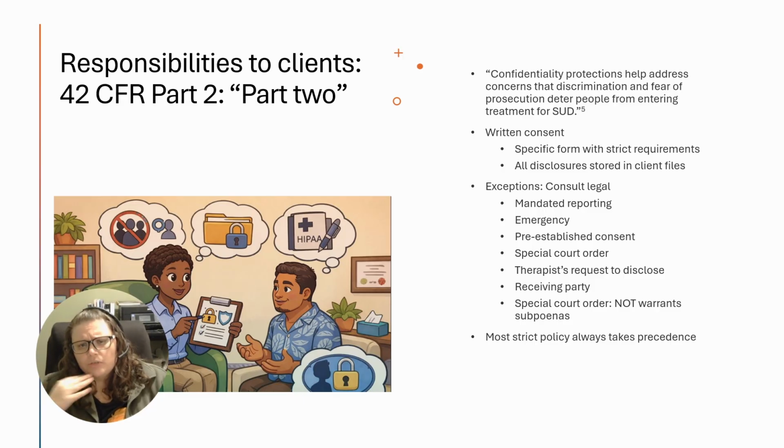The reason you can reject it, at least as it relates to Part 2, is it can't be a subpoena or a warrant or whatever. It has to be what's called a special court order. This is something that's signed by a judge. It's its own specific process. It's not something anybody can just go get.